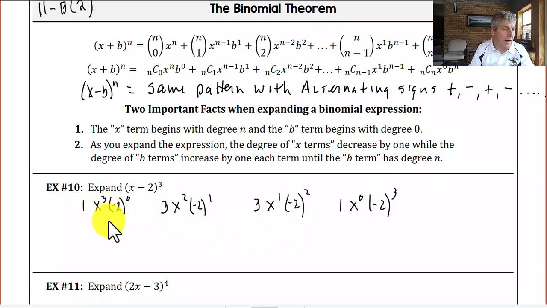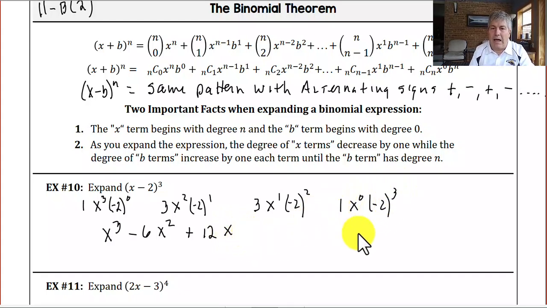Now we apply our laws of exponents. Negative 2 to the 0 is 1, so we end up with just x cubed. Negative 2 to the 1st is negative 2, so negative 2 times 3, we get negative 6x squared. Negative 2 to the 2nd is positive 4, and 4 times 3 is 12, so we get plus 12x.